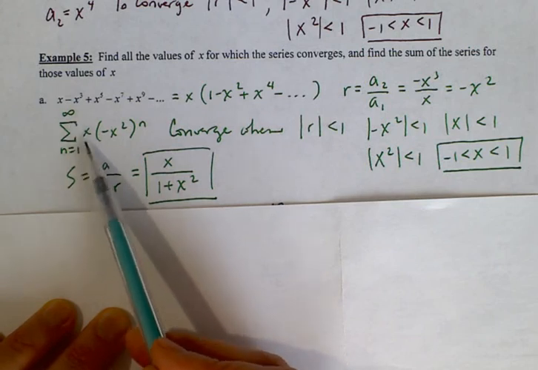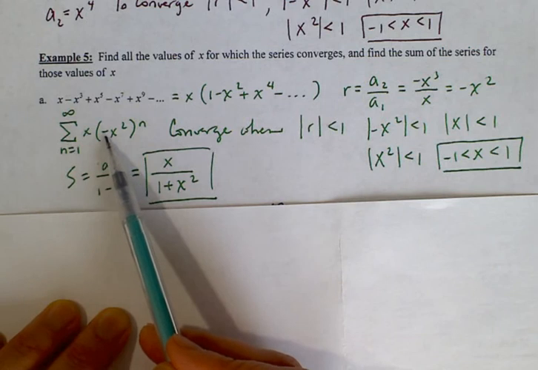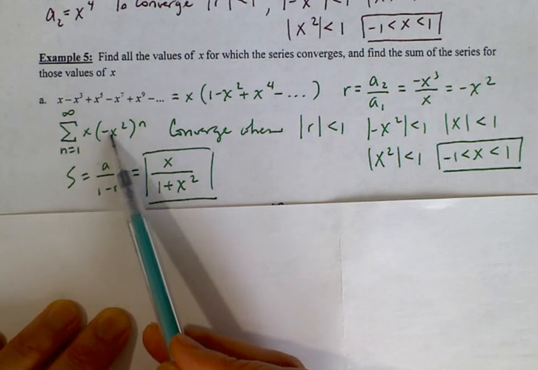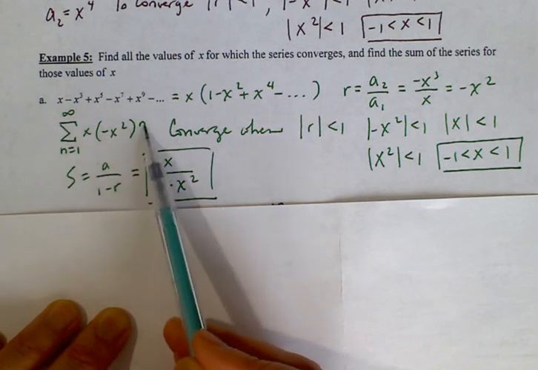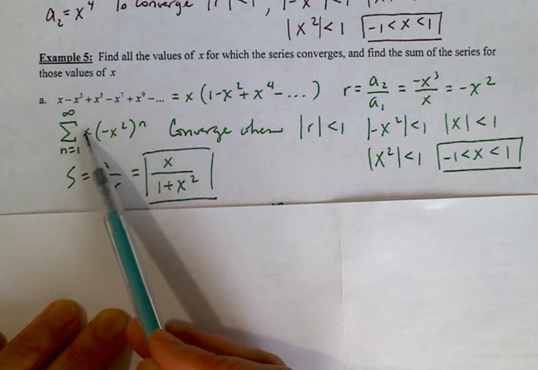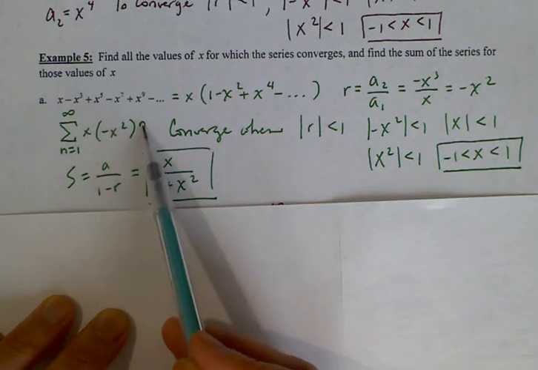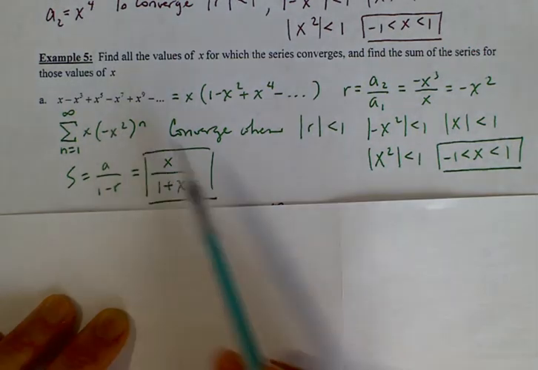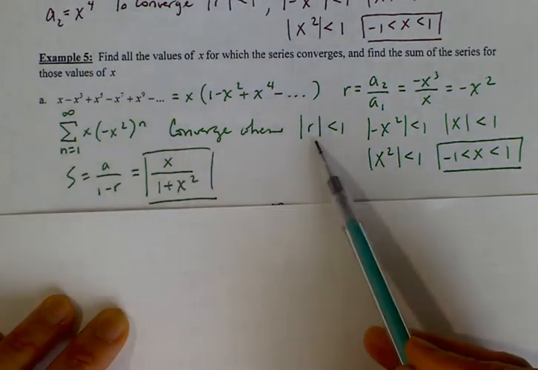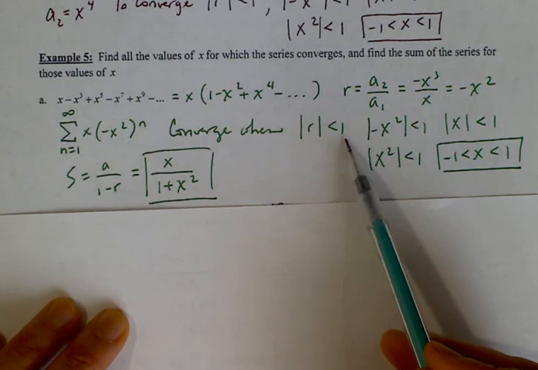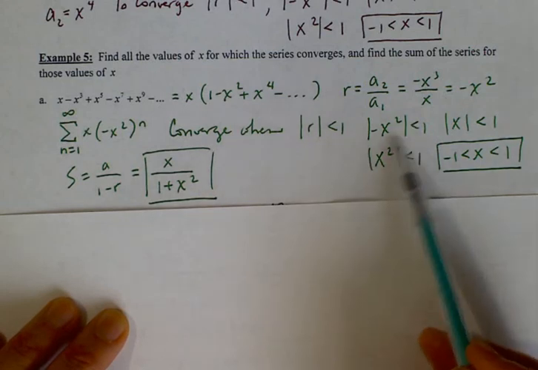Then I'm going to write this as my summation, n is equal to 1 all the way to infinity. You're starting with x, and then multiplied by a negative x squared to the nth power. So this is my first term, and this is my common ratio, and I'm taking it to the nth power.